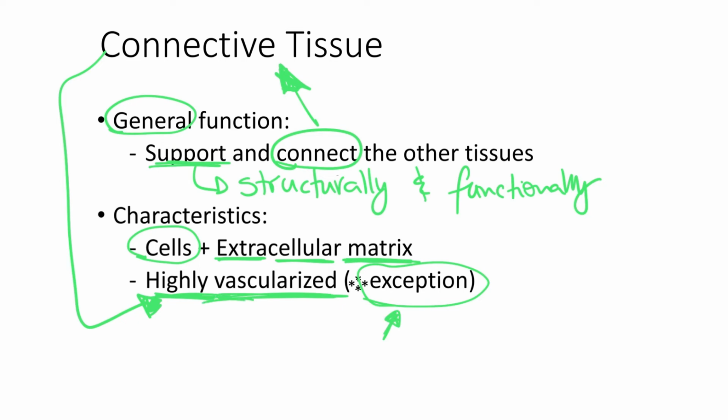And because it is highly vascularized, it has lots of blood vessels. You can expect that these blood vessels will be carrying the nutrients necessary for the cells that are making up the avascular epithelial tissue to survive.